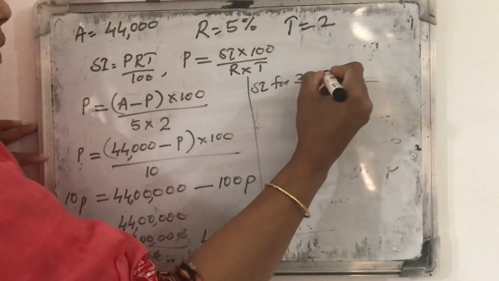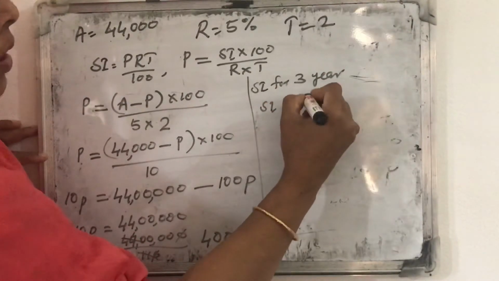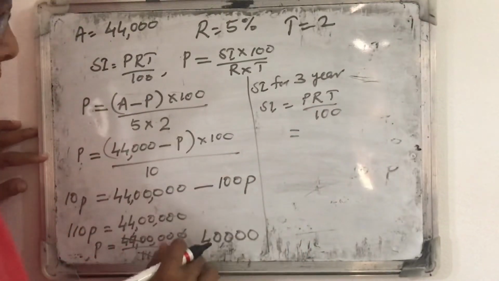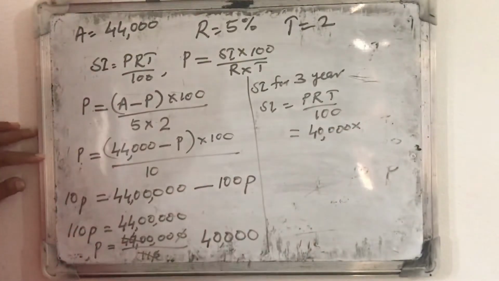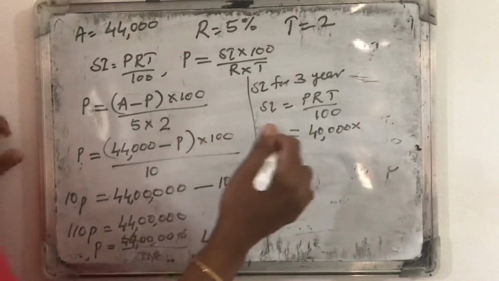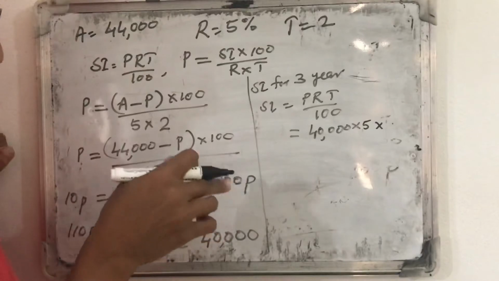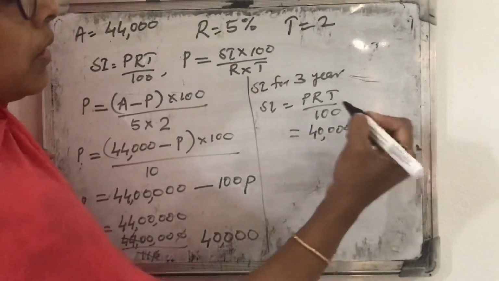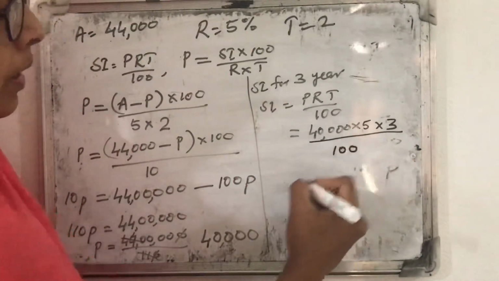What will be simple interest? SI is equal to PRT by 100. P we found now 40,000. 40,000 into R, R is the same rate, that is 5. 40,000 into 5 into T. Now we are finding the simple interest for 3 years, so instead of 2, T will be 3, divided by 100.